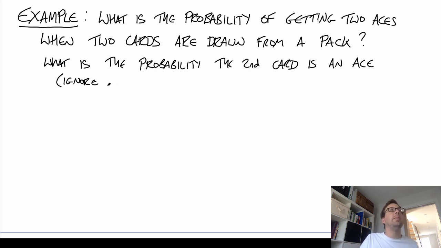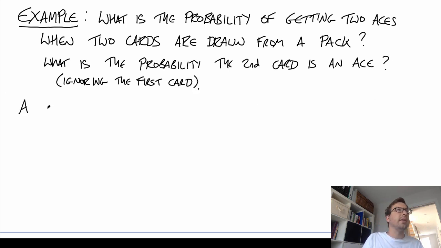Remember that if the first card is an ace, that slightly changes the probability that the second card is an ace. So, ignoring the first card.